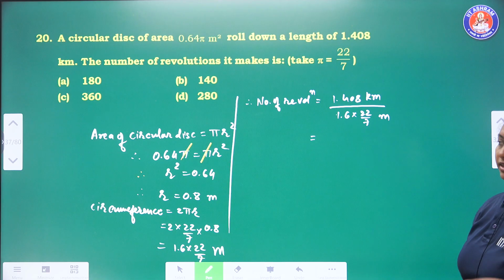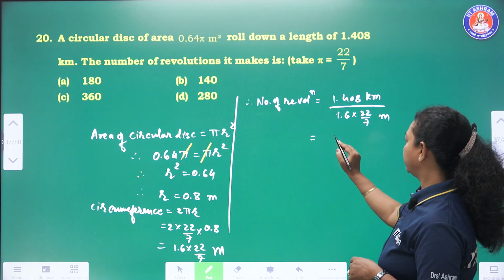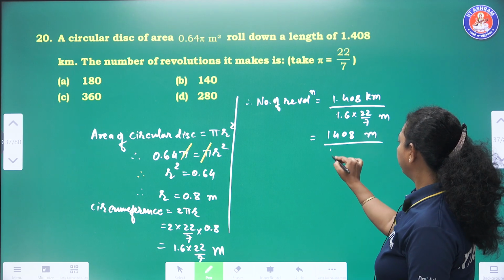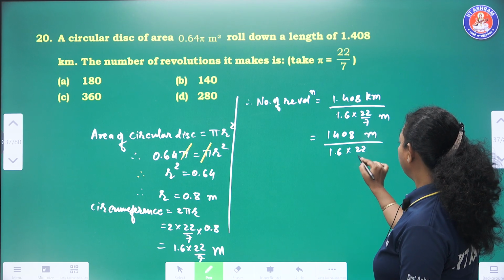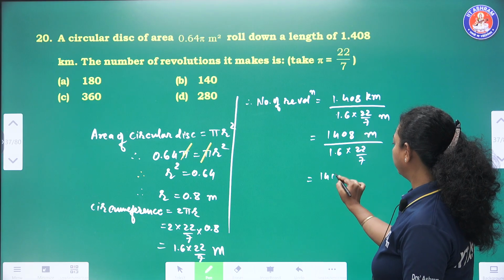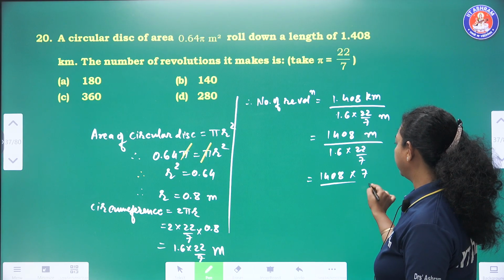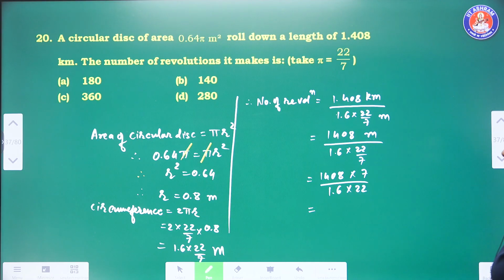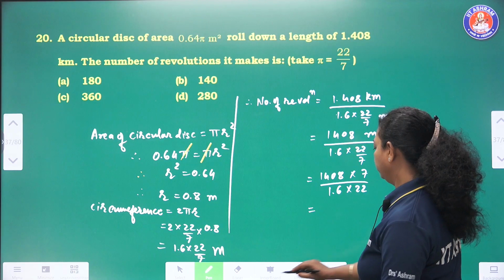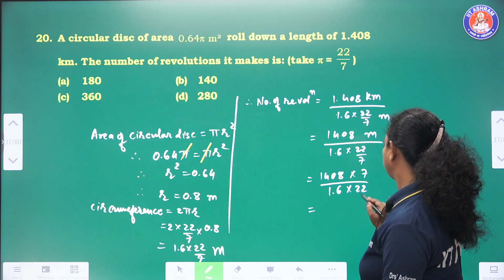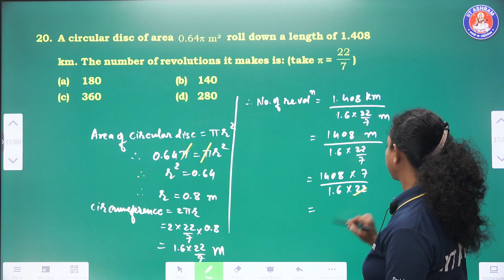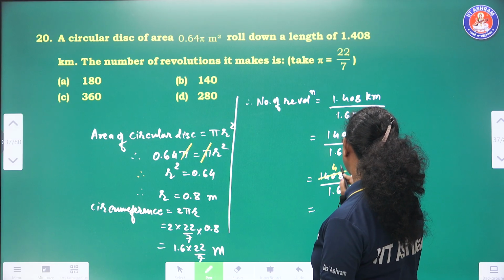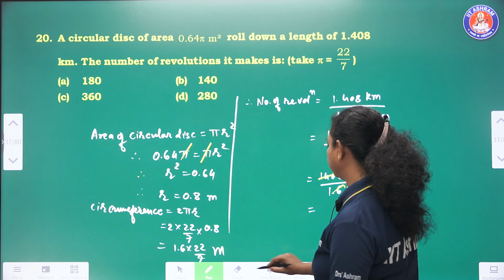So the way is that we just convert kilometer to meter. So it is 1408 meter divided by 1.6 into 22 by 7. So 1408 into 7 divided by, so when you solve this, 22 and 1.6 cancel out, and you will get 40.